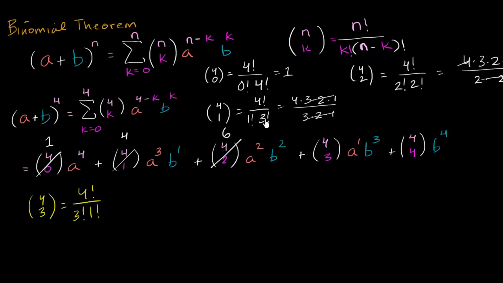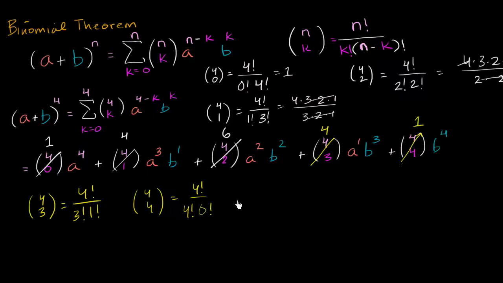You just swap the 1 factorial and the 3 factorial. So we already figured out that this is going to be equal to 4. And 4 choose 4? Well, let me just do it over here. 4 choose 4 is 4 factorial over 4 factorial times 0 factorial, which is the exact thing we had here, which we figured out was 1.